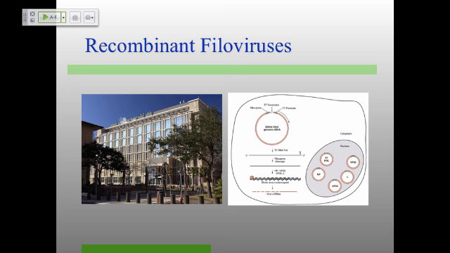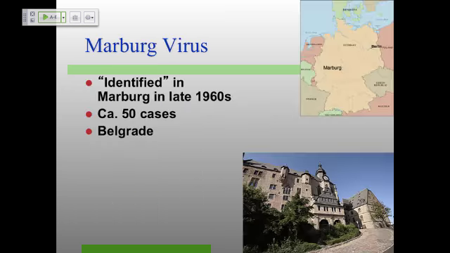So that's it for molecular stuff. Now we'll tell the cool, gross stories about these viral diseases. So the first of these filovirus diseases, strangely enough, was identified in this beautiful small German town called Marburg, a university town.